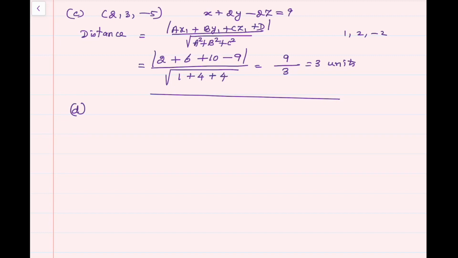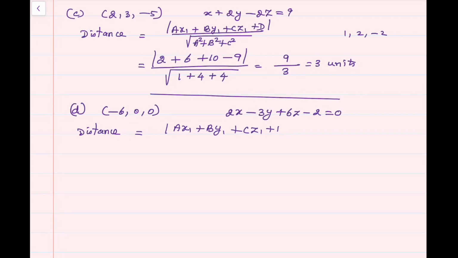D subdivision. The point is minus 6, 0, 0, and the plane equation is 2x minus 3y plus 6z minus 2 is equal to 0. Let us write the formula. Distance of a plane from the given point: absolute value of ax1 plus by1 plus cz1 plus d divided by root of a square plus b square plus c square. Substitute the point in the plane equation. I told you that is the numerator.